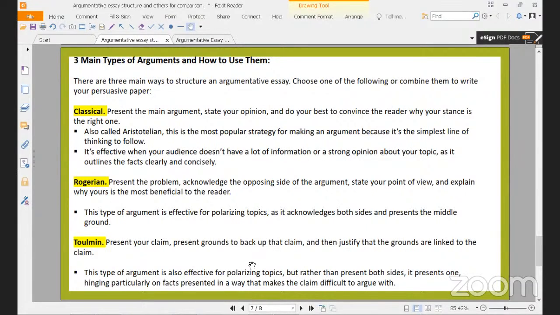Okay. And what about Rogerian? This type of argument is effective for polarizing topics, as it acknowledges both sides and presents the middle ground. Did we have any middle ground?